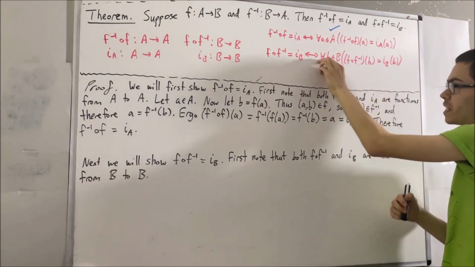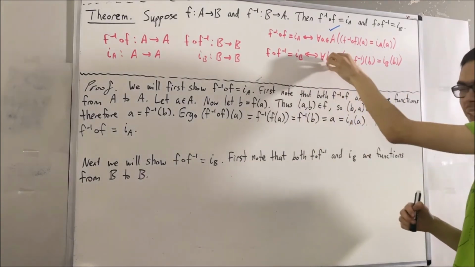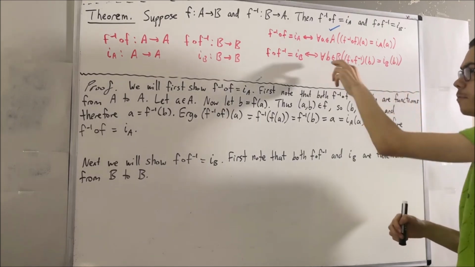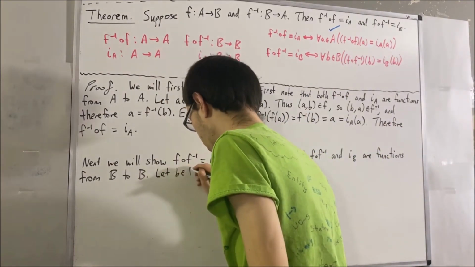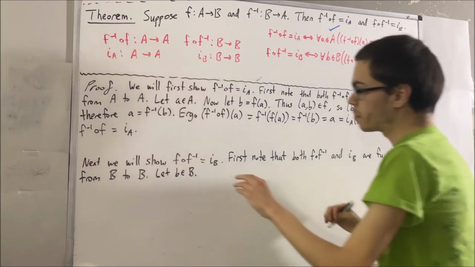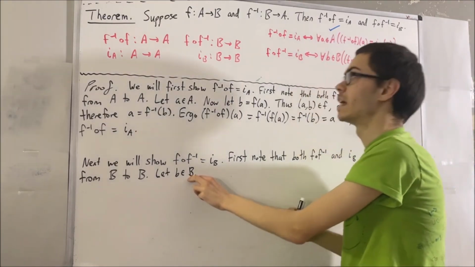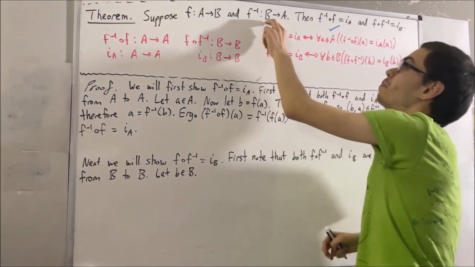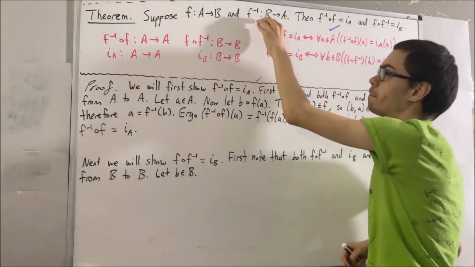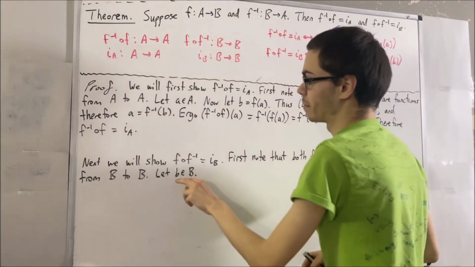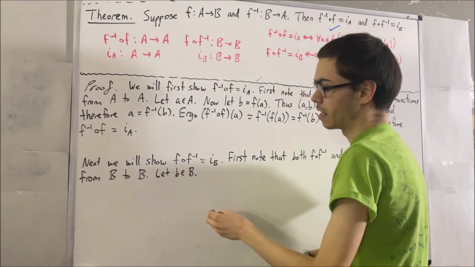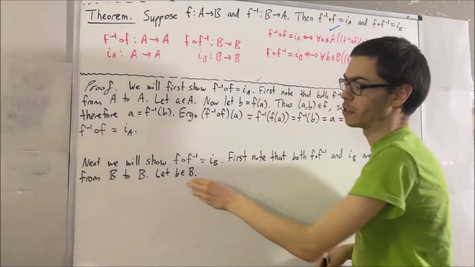So to prove they're equal, we want to prove this statement. And so we're proving a statement about every element in B, so give me an arbitrary element in B. I'll call it b. Okay, now, since b is an element of B, and f inverse is a function from B to A, we know that f inverse has a functional value at b. We could say, for instance, let a equal f inverse of b.